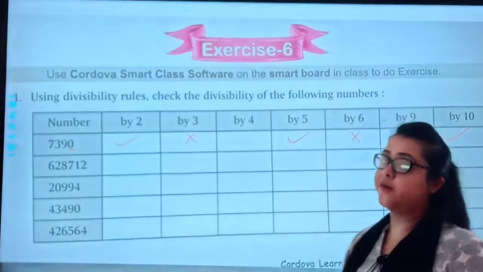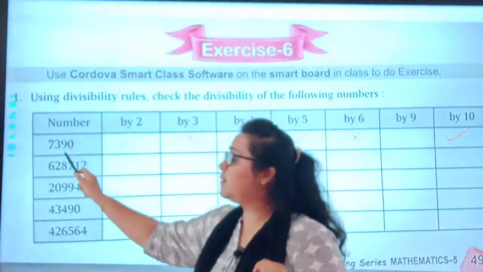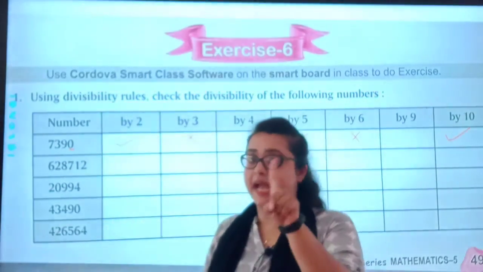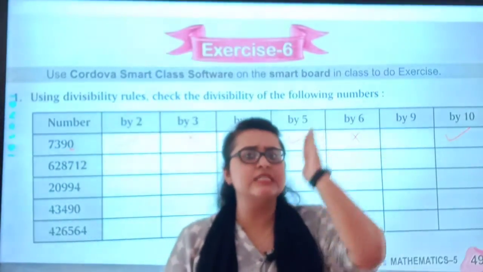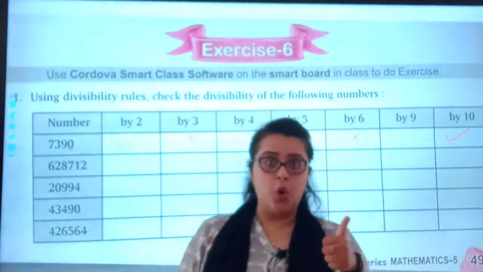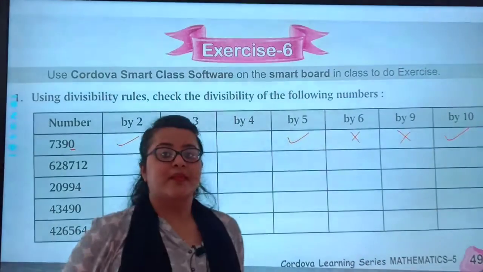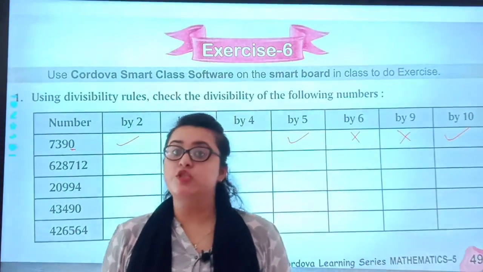In 9 also I have to check the total. Remember, yes, 7 plus 3, 10, 10 plus 9, 19. Is 19 divisible by 9? Does it come in the table of 9? No. So, understood? Now it comes to 4.